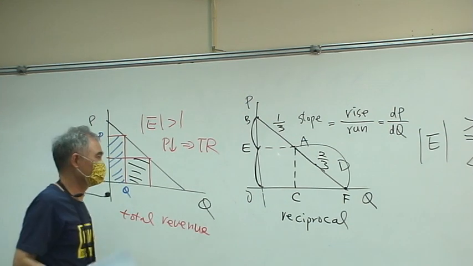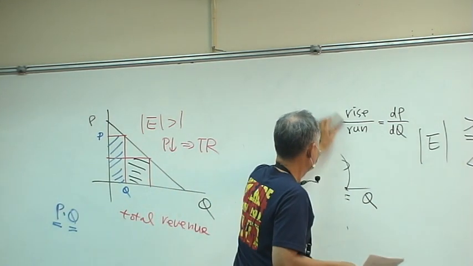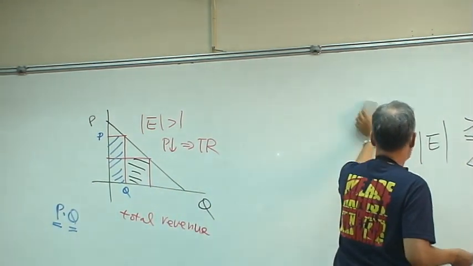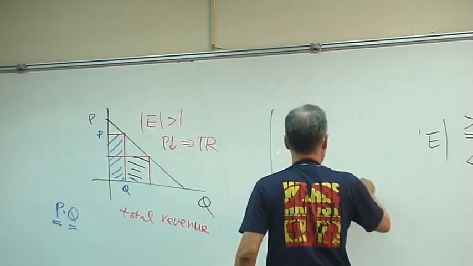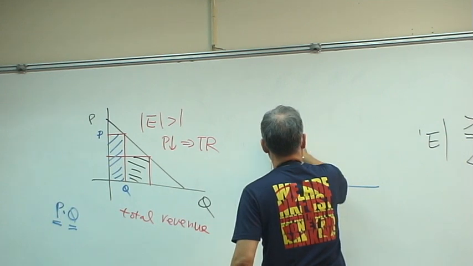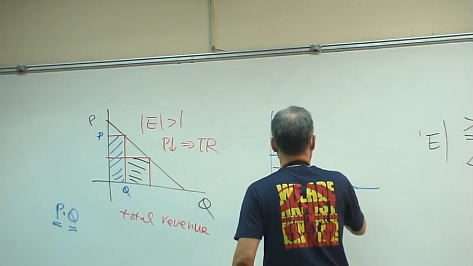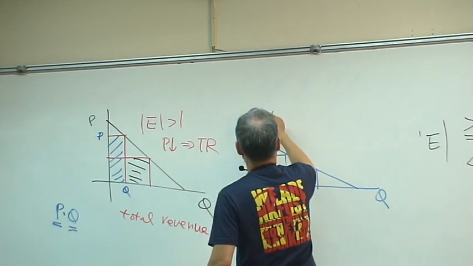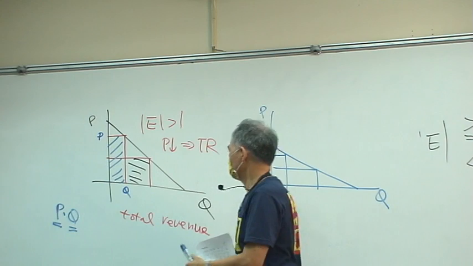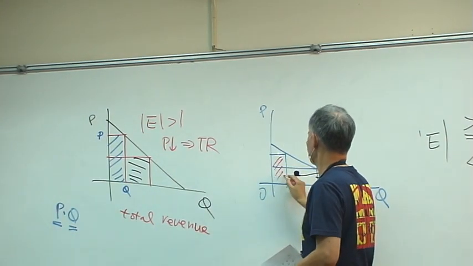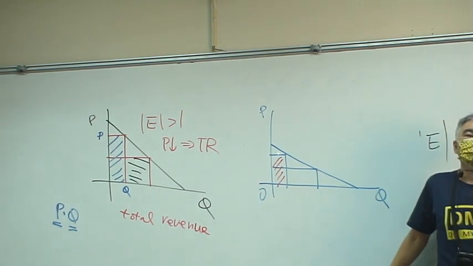Anyway, let me try a different picture. Try this one. Can you tell us when price goes down, what happened to total revenue?